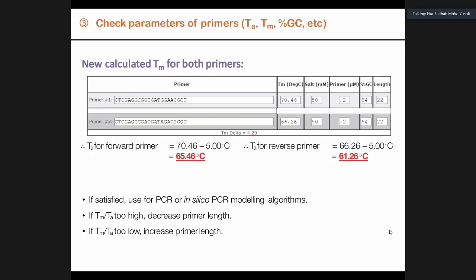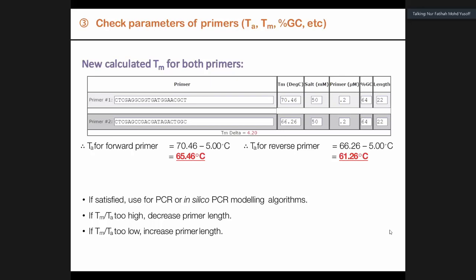But if you want to design the primer for gene expression analysis, for example real-time PCR, it is advisable to go from 100 until 300 base pairs of amplicon length. So it depends on what you want to use and what you are doing.